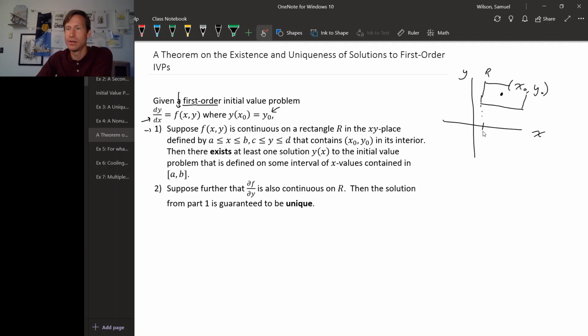Okay, so if you need names for all of these values, you can say the rectangle goes from a to b in the x direction and from c to d, say, in the y direction. Okay, so if there is such a rectangle around your initial value where this right-hand side function is continuous, then there exists at least one solution to the initial value problem.